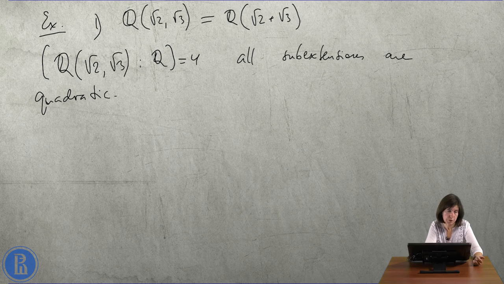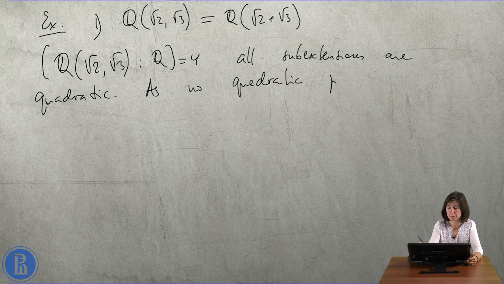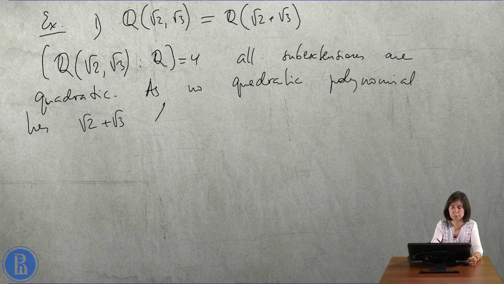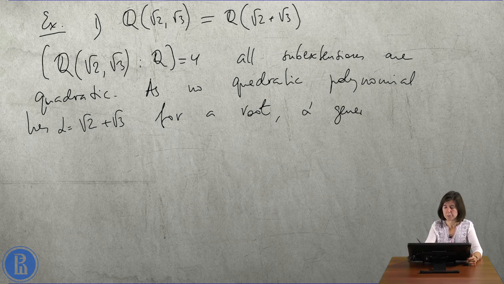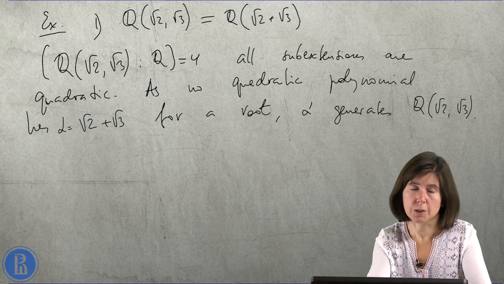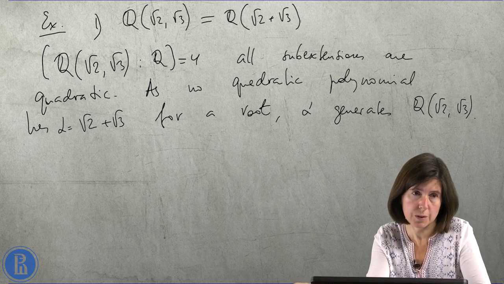You cannot find a quadratic polynomial which has this for a root, as no quadratic polynomial has square root of 2 plus square root of 3 for a root. This must be a primitive element. It generates our E. It is not contained in any proper subextension.